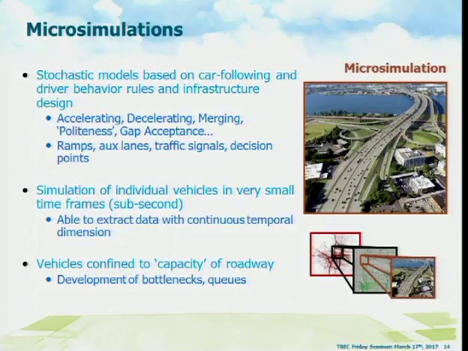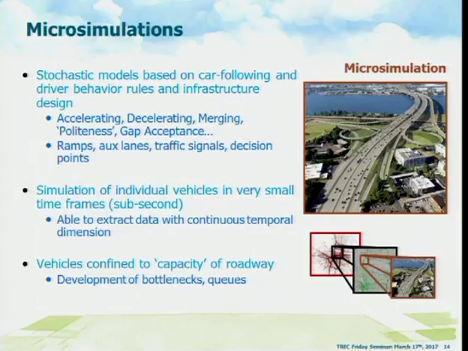They have gap acceptance. What kind of gap do I need between vehicles to make a left-hand turn? What kind of gap do I want if I'm going to merge over? Is the person behind me being polite and backing up so I can merge in, or are they really aggressive and speeding up and not letting me in? That's what microsimulations are really good at modeling: basic driver behavior, what's happening in the real world.